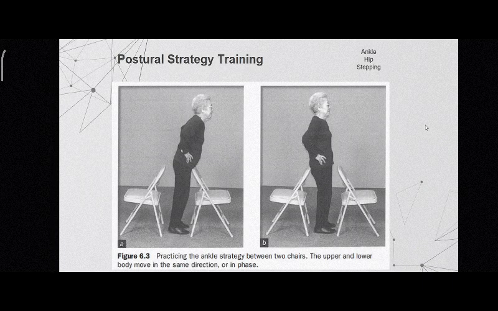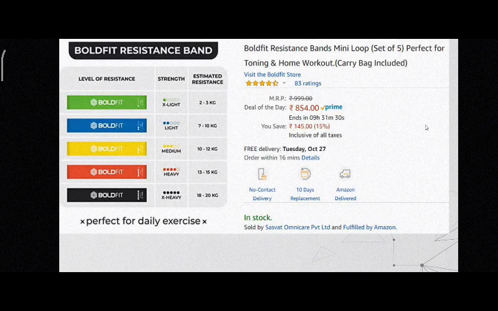So we can place two chairs or we can stand behind the patient, and we ask them to lean forward and then lean backward. In this, we are strengthening the ankles. There are a few resistance bands which you can buy directly from Amazon. It's quite cheap, and there are different levels of resistance also.